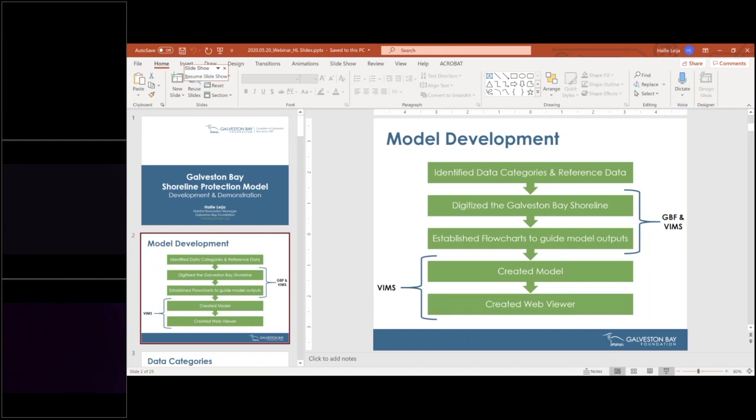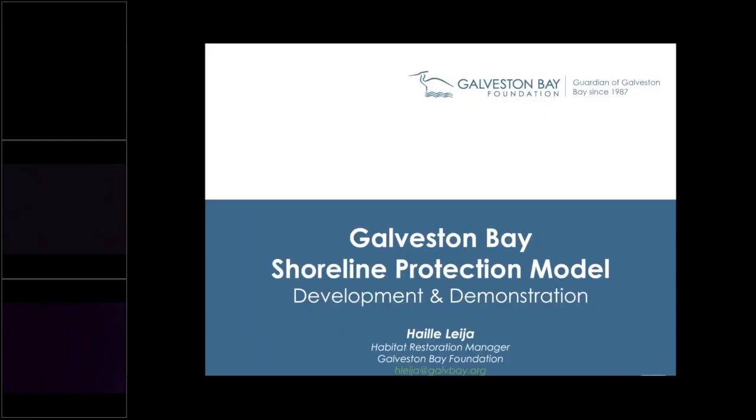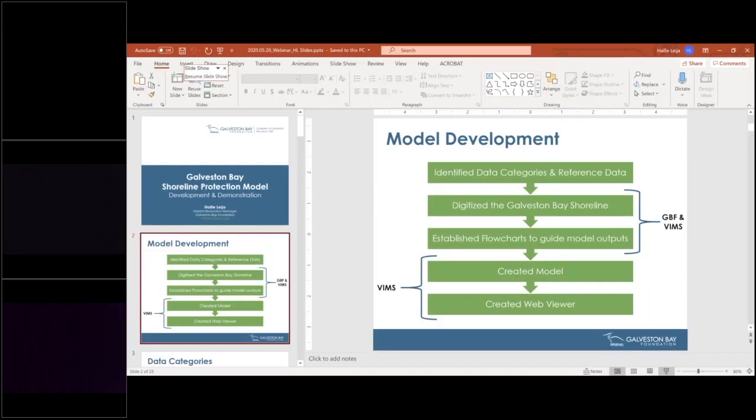All right, so first of all, the way this model was developed, and Marcia kind of hinted at this, we did base all of this off of the Virginia model. And so a lot of it has been adapted to suit Galveston Bay or Texas specifically. The first thing we had to do is identify a variety of data categories that were essentially the input into the model itself and the associated references that go along with that data.